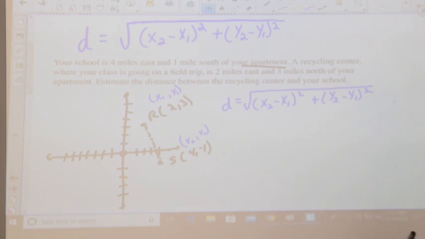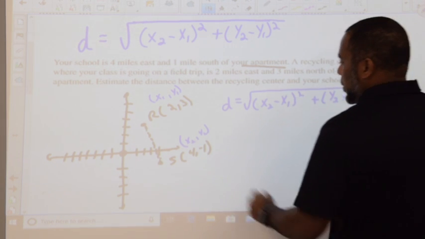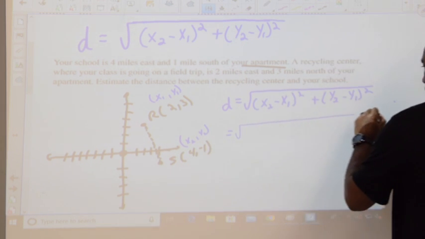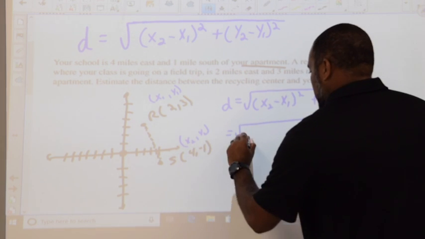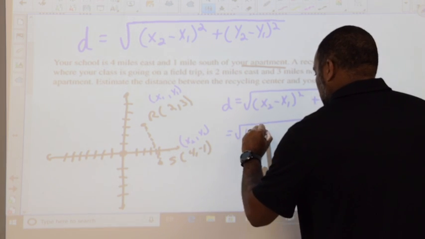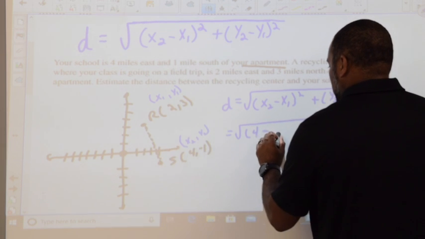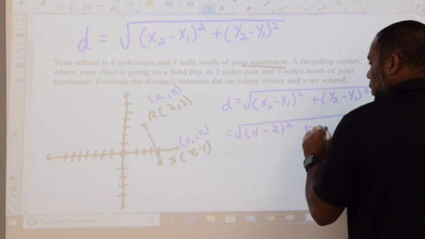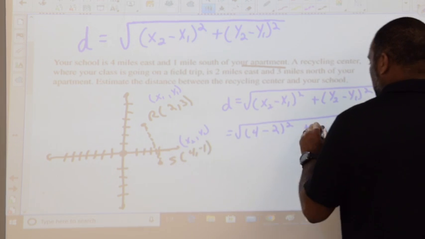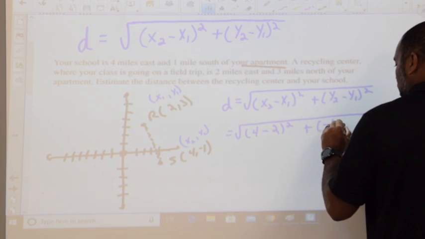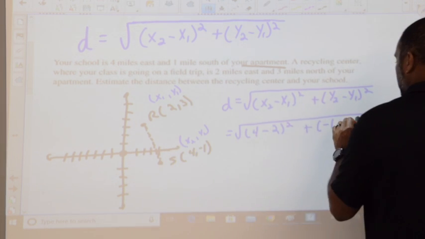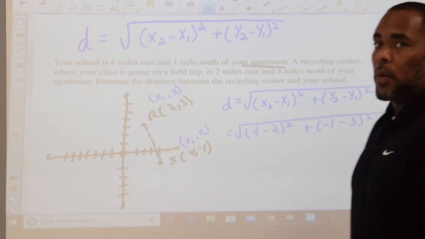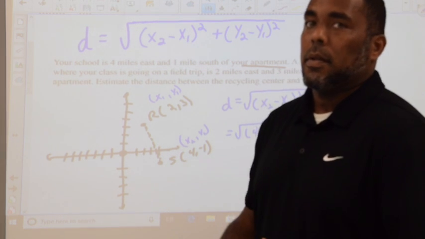From there, substitute. Okay, what is x2? x2 is 4 minus 2 squared plus y2 is negative 1 minus 3 squared. It is important that you put the negatives.